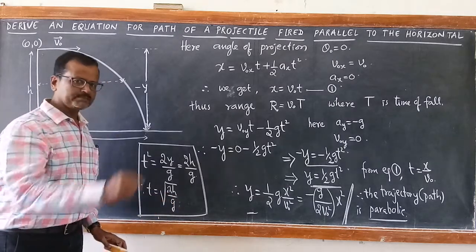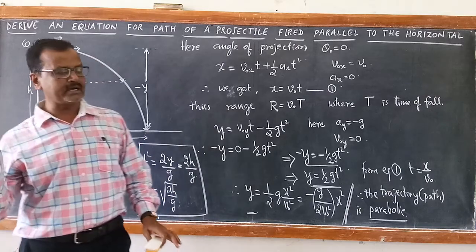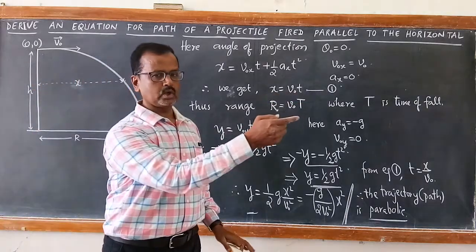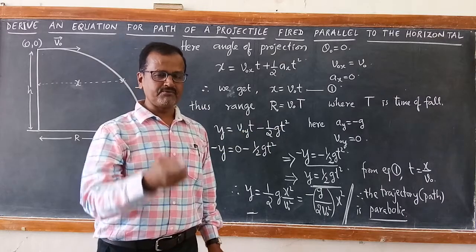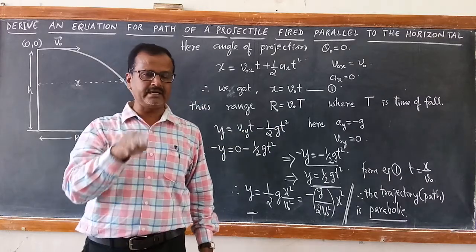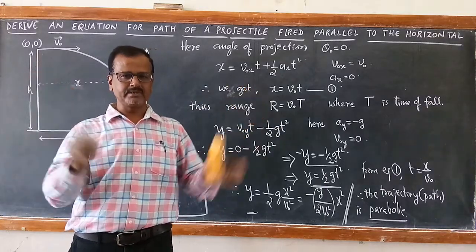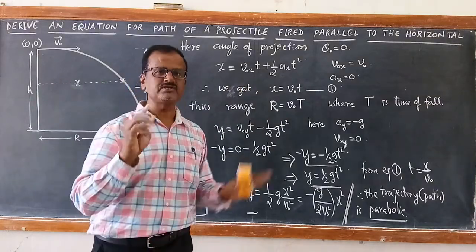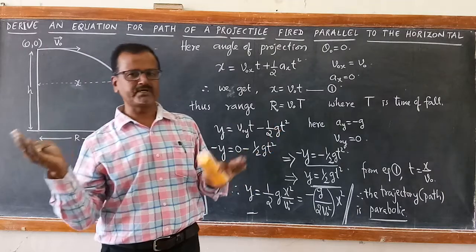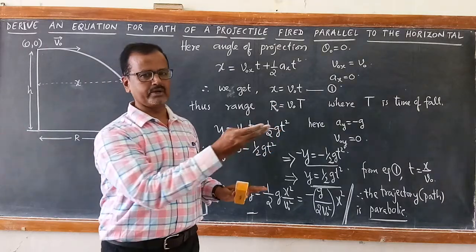One more thing, please note down. The time taken by a horizontally thrown projectile and the time taken by a freely falling body from the same height is the same, because the depth h is the same, irrespective of the speed with which you are throwing.